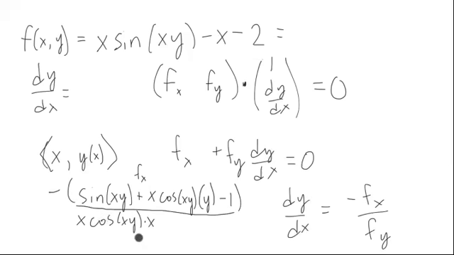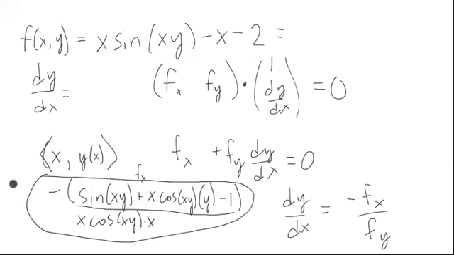So we end up getting that, and this right here is our dy/dx. And so all in one shot, we got the derivative implicitly using the chain rule.